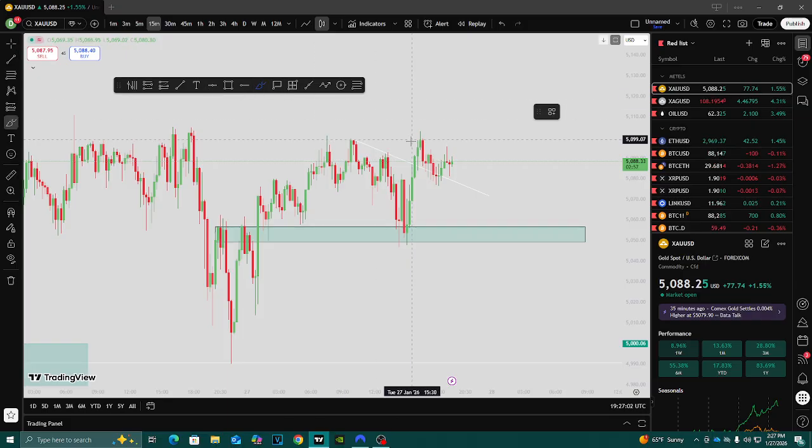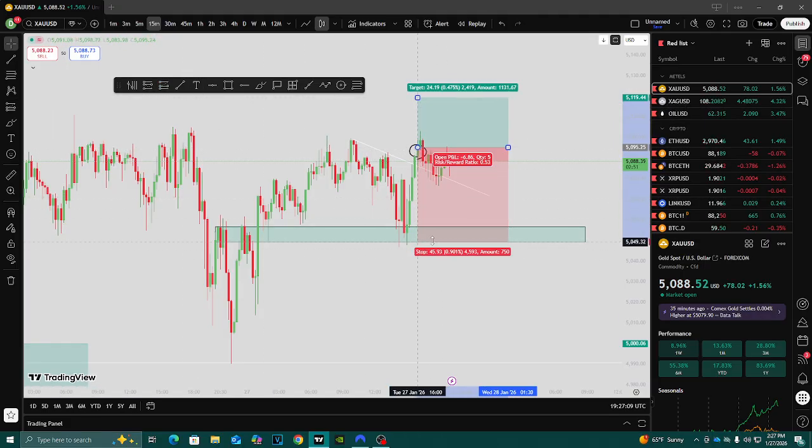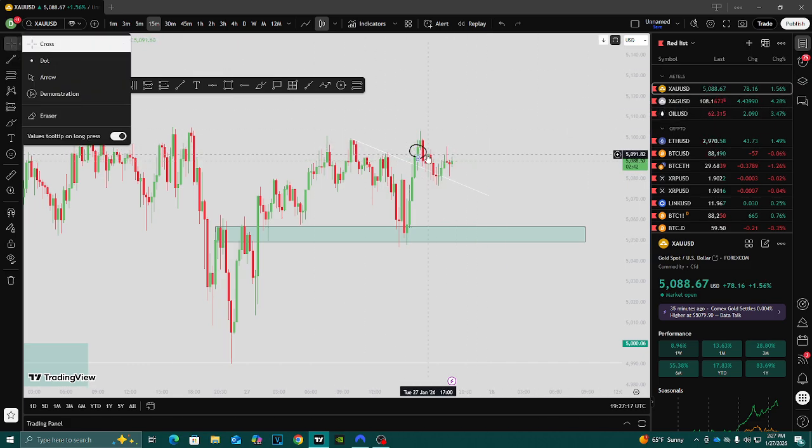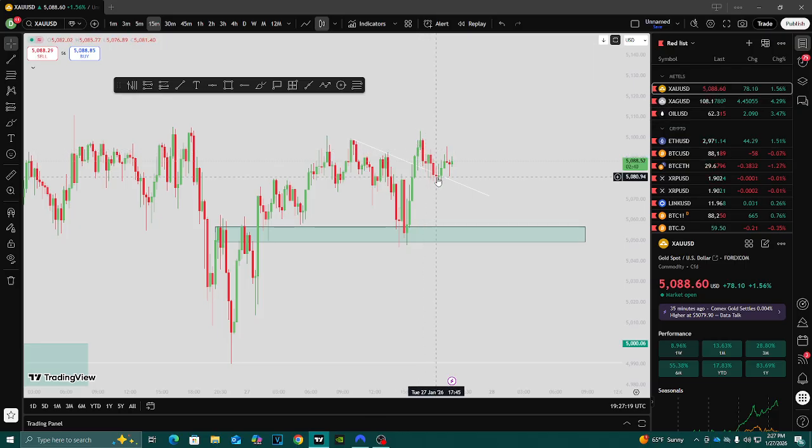So right here, we could enter the market, put it right here, put it under. But your stop loss is way too big. So I would rather, you want to make sure your reward is bigger than your risk. You get me?